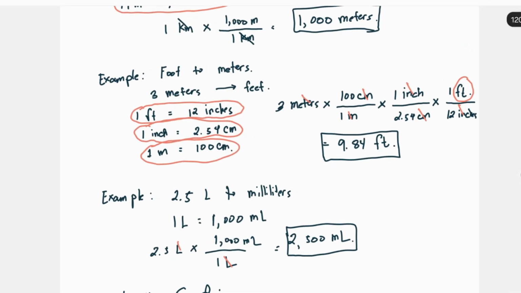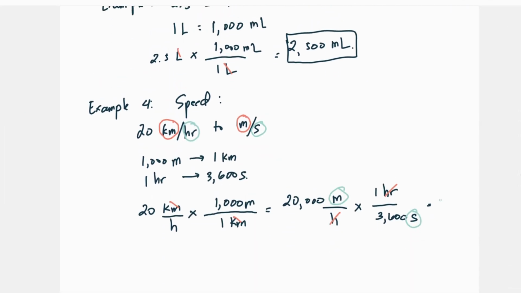Allow me to write that down right now. So this becomes 5.56 meters per second. Let's encircle that so that we identify that that is our answer. Okay? So this is how we are going to convert units or values that involve different dimensions.